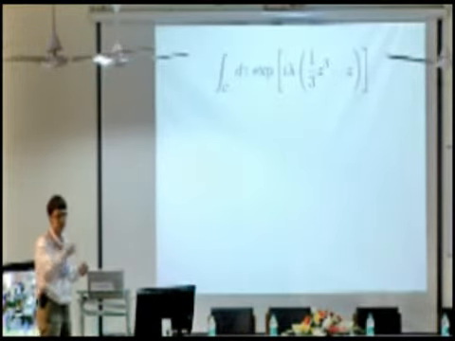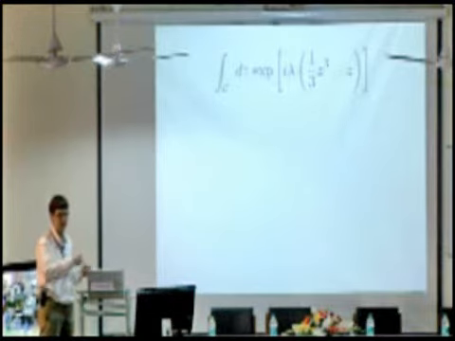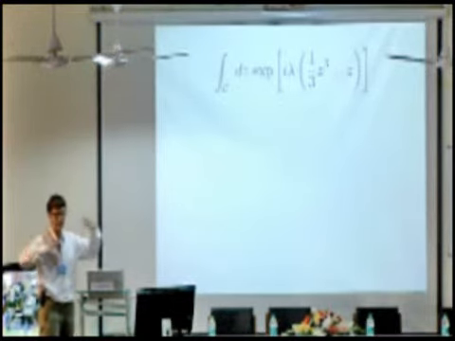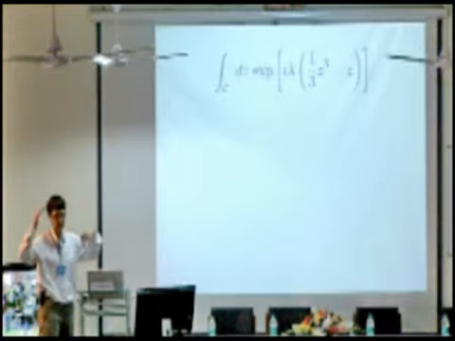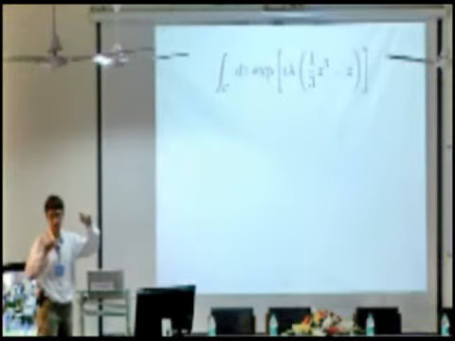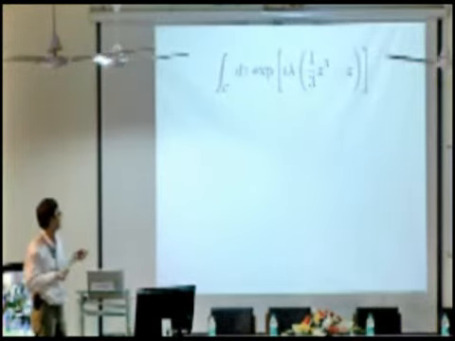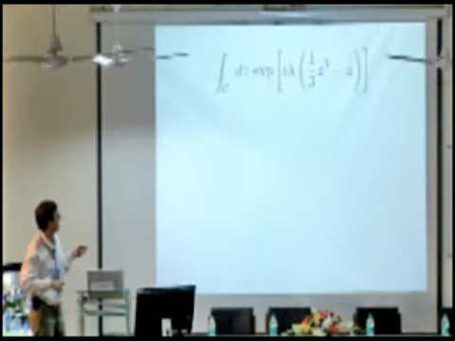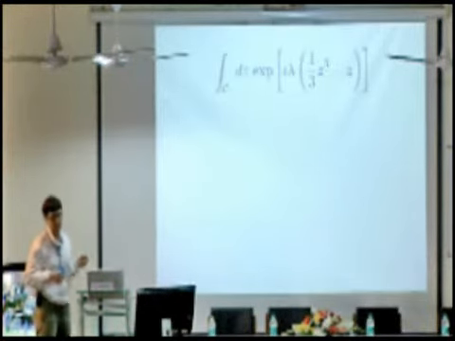In other words, what previous people did to make their path integrals convergent was that the fields continued to take on real values. The scalar field phi continued to be real everywhere, but you took the time coordinate and rotated it to imaginary values. So here the idea is the opposite.